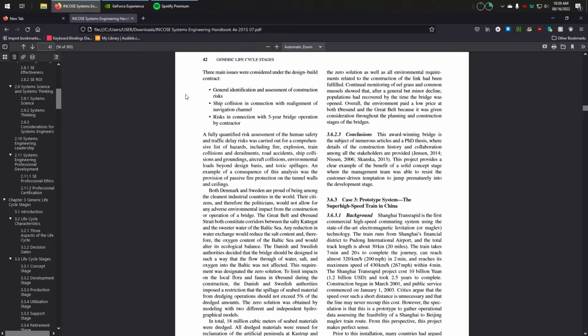A fully quantified risk assessment of the human safety and traffic delay risks was carried out for a comprehensive list of hazards, including fire, explosion, train collisions and derailments, road accidents, ship collisions and groundings, aircraft collisions, environmental loads beyond design basis, and toxic spillages. An example of a consequence of this analysis was the provision of passive fire protection on the tunnel walls and ceilings.